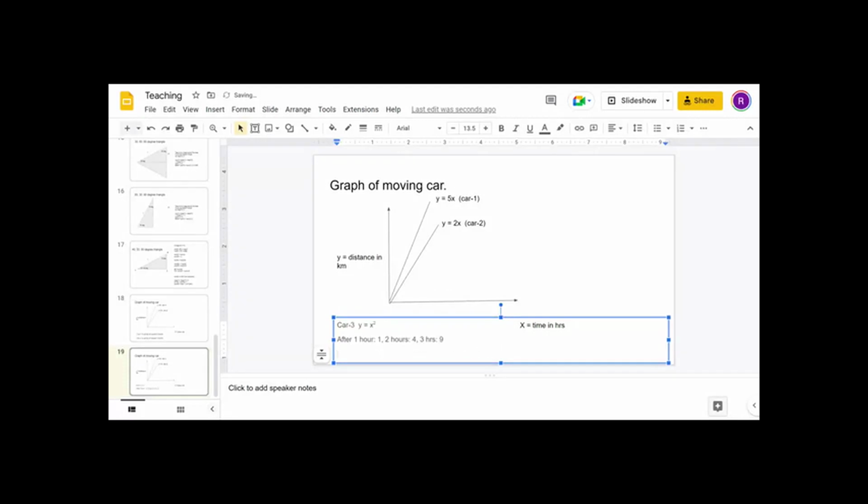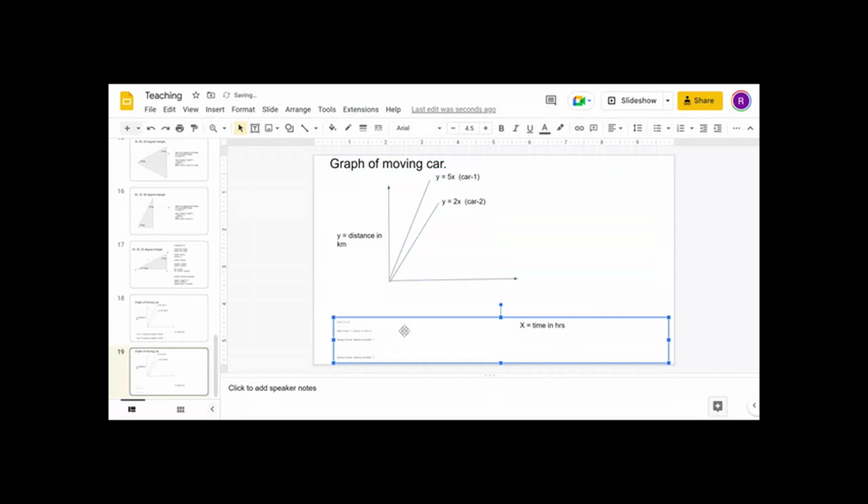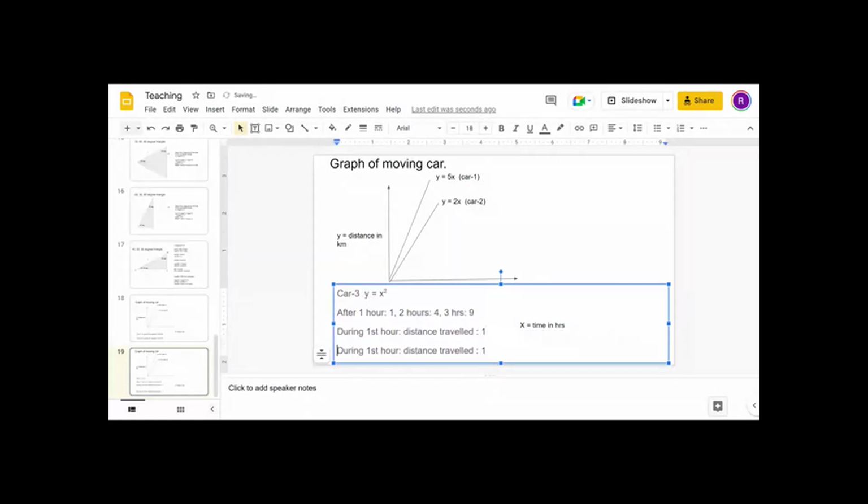But during the first hour, distance traveled is 1, and during the second hour, distance traveled will be 4 minus 1, which is 3. And during the third hour, the distance will be 5.